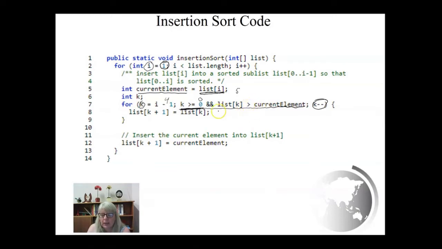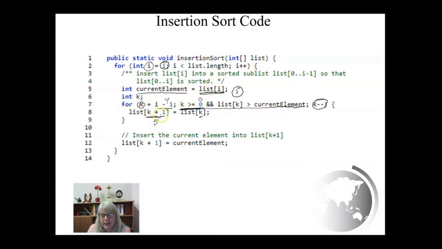And what is it doing inside the loop? It is actually moving on. It is replacing element K plus 1 with element K. Now, what you should see is we start at I minus 1. So if we want to insert number 5, and we do the moving on thing, K would start at 4, so list K plus 1 becomes list K. Can you see that was the old place?